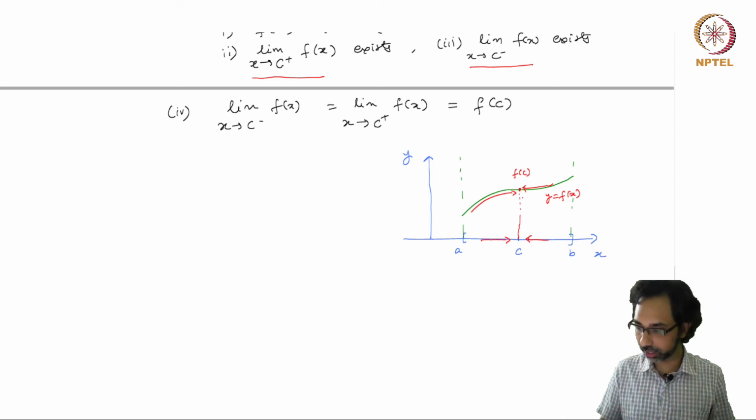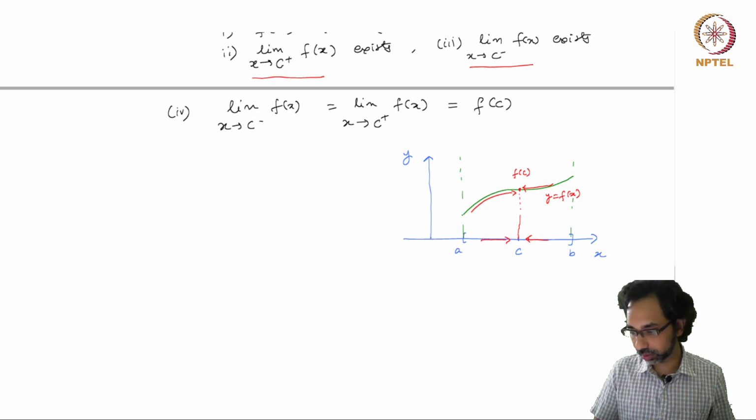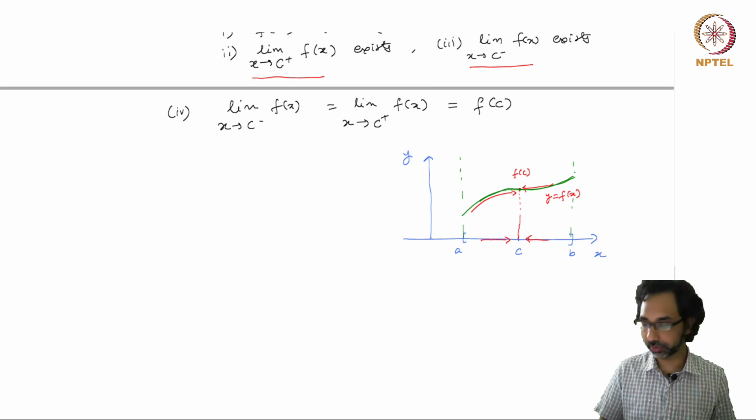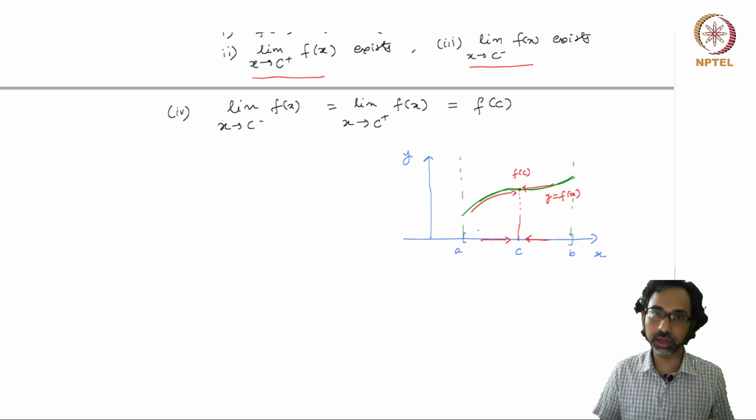And the fourth condition says that all these three values are the same. Informally, if you move your pen over the graph of f(x), you can move it without taking it out of the paper. This is an informal definition of a continuous function.